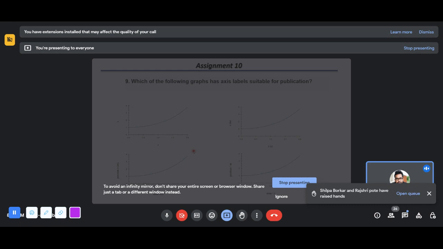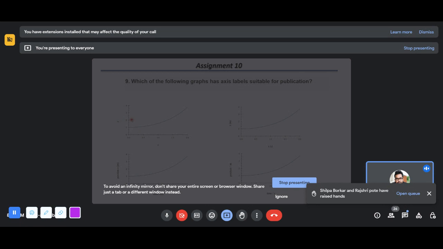The ninth problem is: which of the following graphs has axis labels suitable for publication? The first one only has x and y mentioned. The second has x and t.